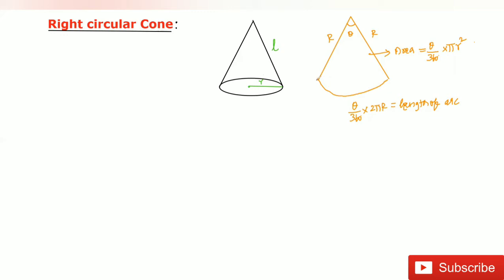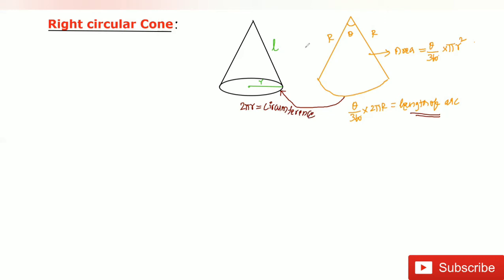This length of the arc only changes into the circumference of this cone. Generally, circumference we know is 2 pi r. This length of the arc only changed into the circumference. Understand, children? That means both formulas will be equal.